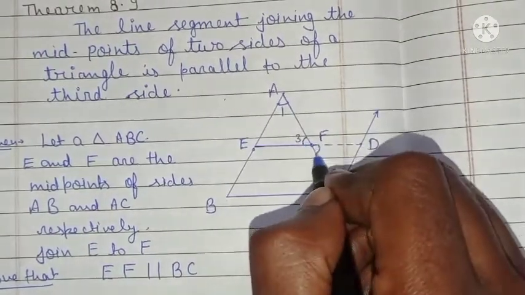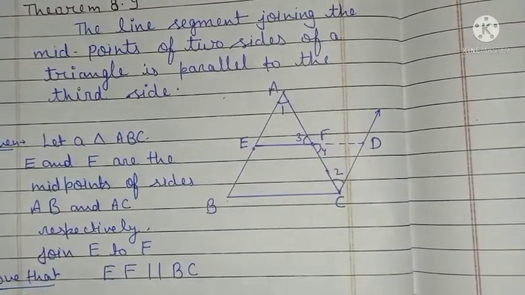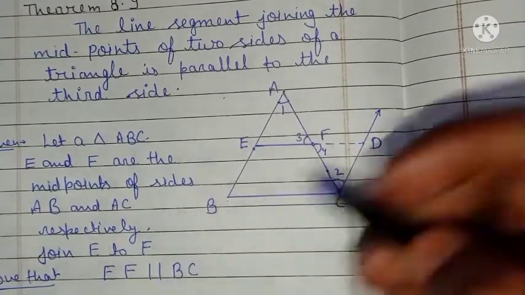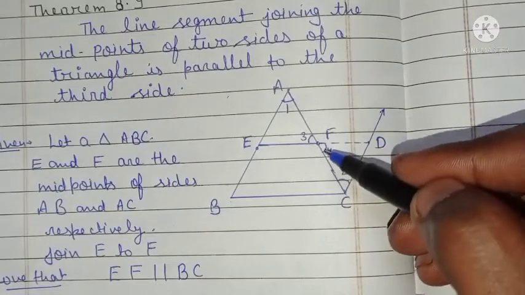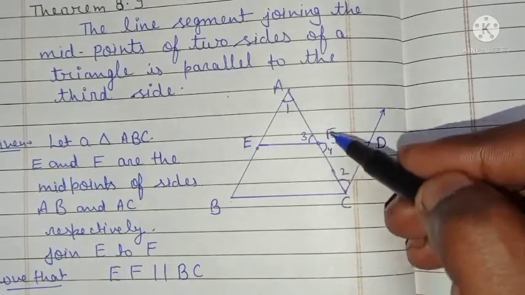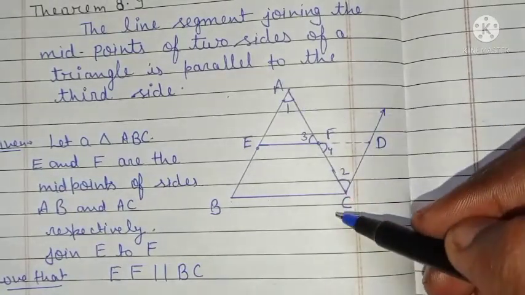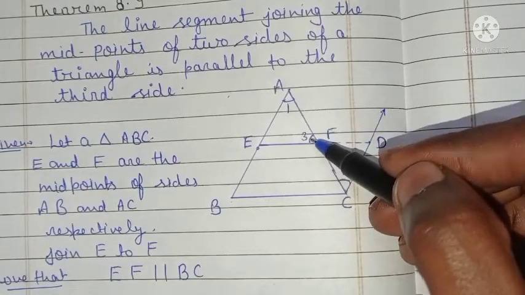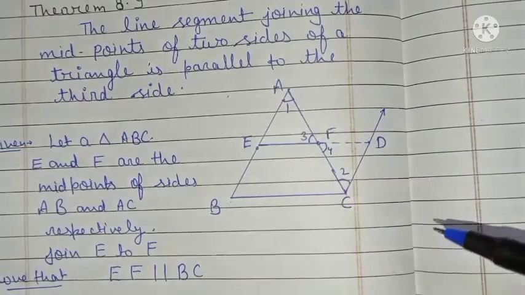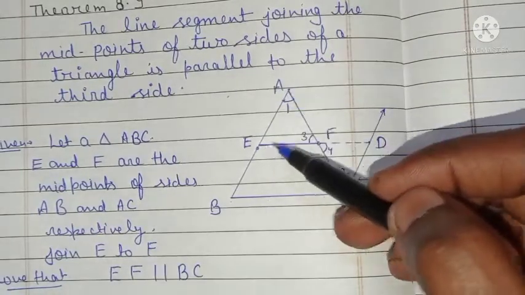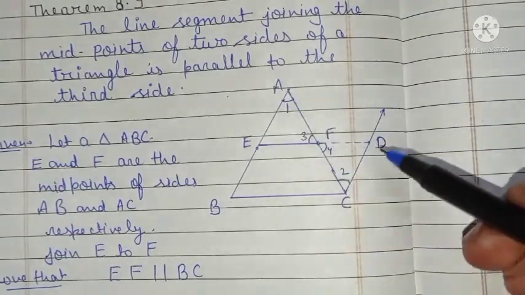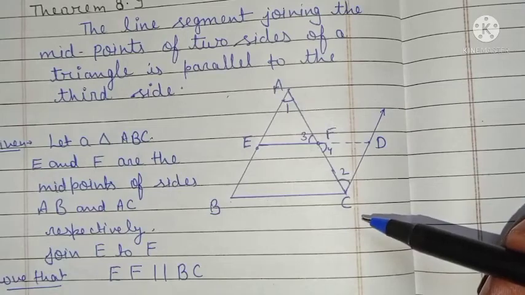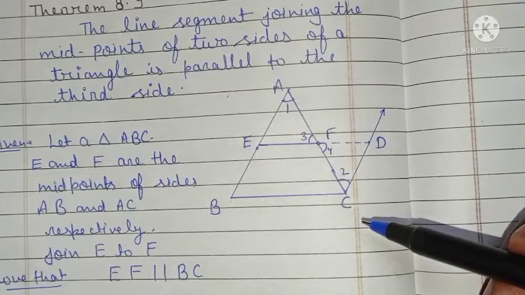Angle 3 equals angle 4, vertically opposite angles. And AF equals CF because F is the midpoint of AC. So by the angle side angle congruence rule, triangle AEF is congruent to triangle CFD.